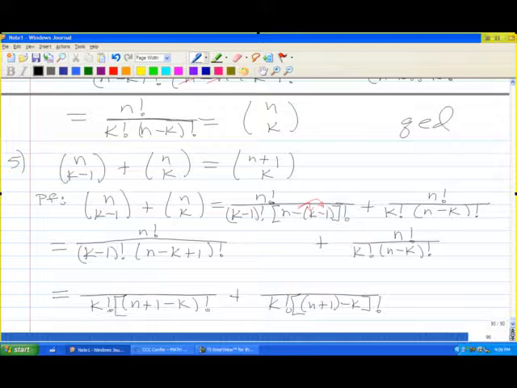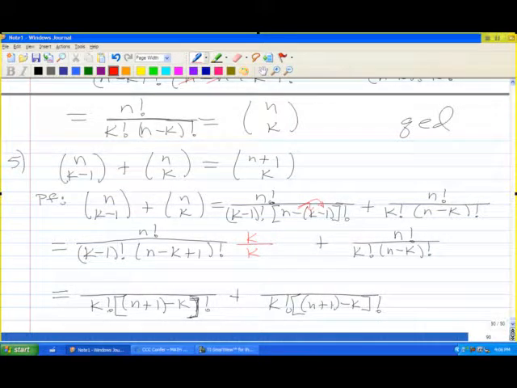And here, what I'm missing is k. I have the n minus k plus 1 factorial, which is the same as n plus 1 minus k factorial. So what I need here is to multiply and divide by k.